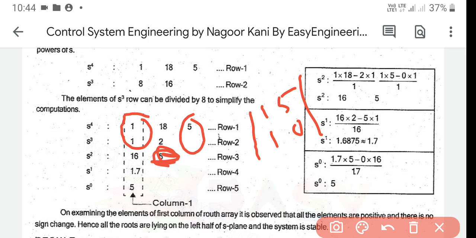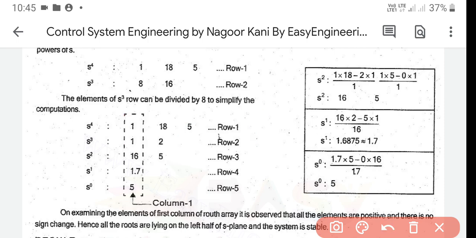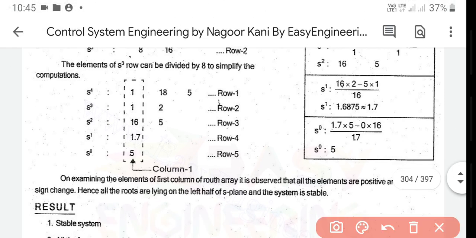So this is the determinant value here. For this element, we consider the first column elements of the first and second rows, and also the third column element. So the determinant value is nothing but 1 into 5 minus 0 into 1 divided by 1. That value is nothing but 5. So now you got the row 3 elements.